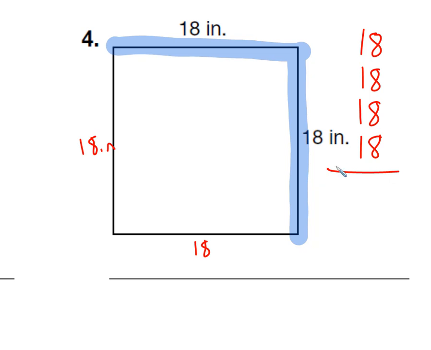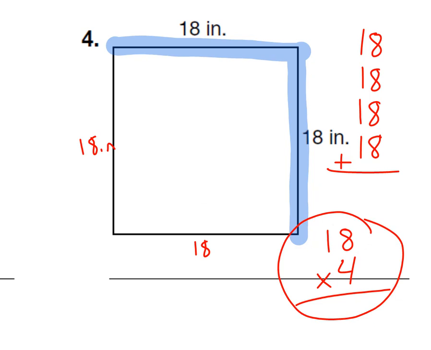You can add them all up that way, or since we have 4 sides and each side is 18 inches, we can just multiply it by 4. Personally, I think this is the easiest way to do it. So I'm going to do the multiplying. 8 times 4 is 32. So put your 2, carry your 3, and 4 times 1 is 4, 5, 6, 7. So we have 72 inches as the answer.